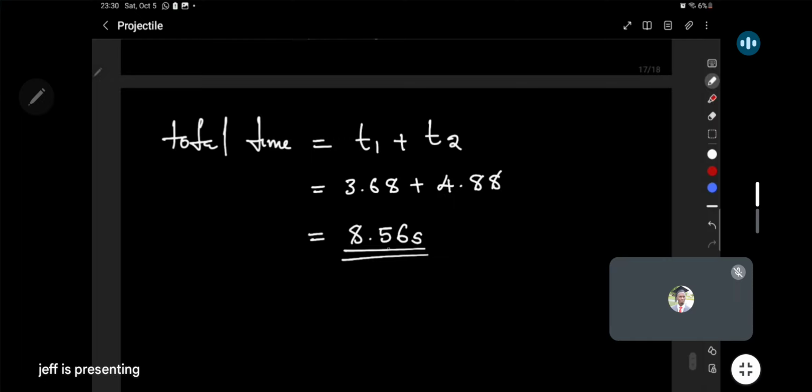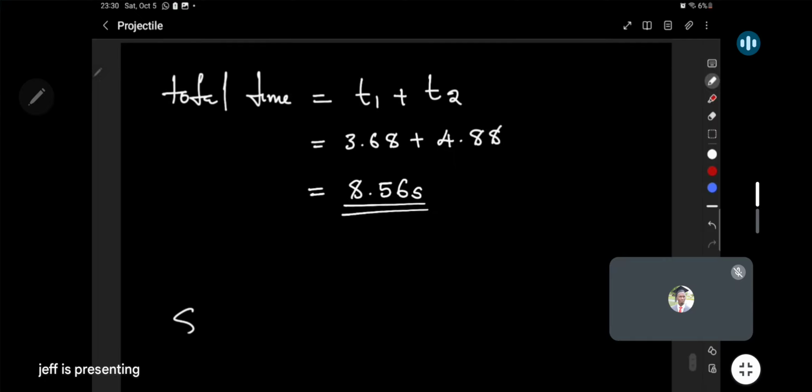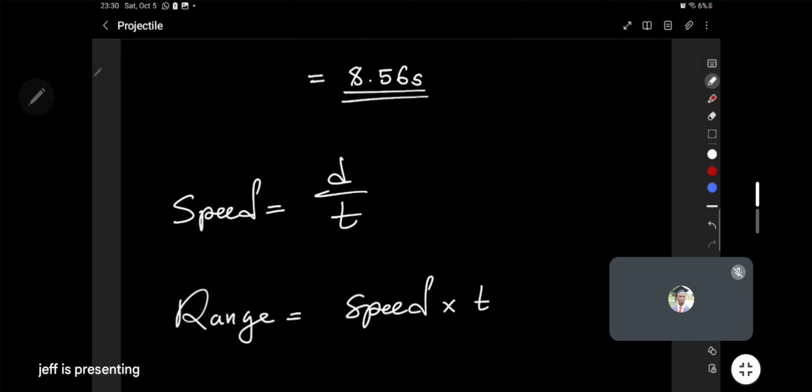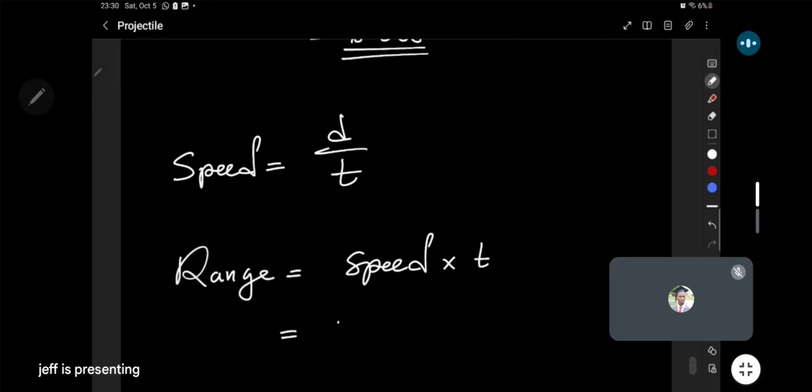But once you find the time here, you can now use the formula for speed, distance over time. The range will be the distance. When you make it the subject, the distance will be the speed times the time. And remember, the speed here is the speed in the x-axis. So the speed in the x-axis is the x component, 60 cos 37.